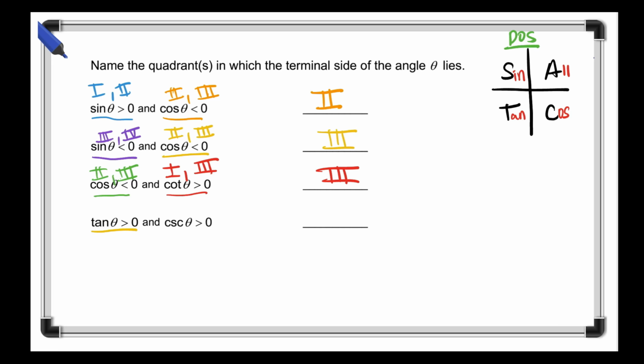And our tangent's going to be positive in 1 and 3. And our cosecant, which is the reciprocal of sine, sine's going to be positive in 1 and 2. That overlap, terminal side, is going to be in quadrant number 1. Now let's take this when we answer our next question.